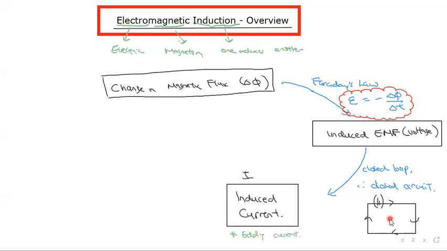But this current, as you should well know, all currents in wires will create a magnetic field. So we have the discovery by Orsted, sometimes referred to as Ampere's law.